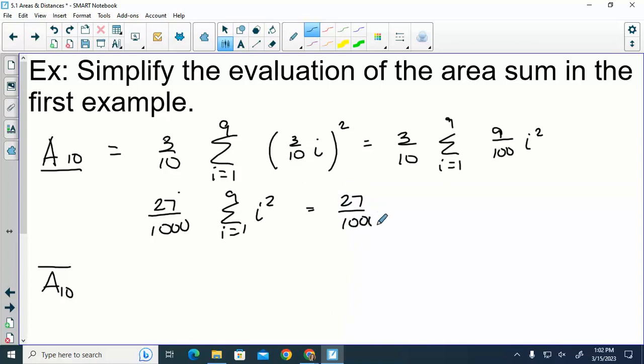What's the I squared formula? N times n plus 1 times 2n plus 1 over 6. Let's see what we get when we plug this in.